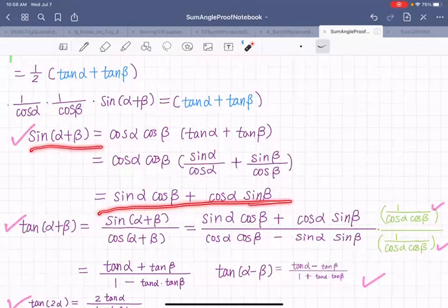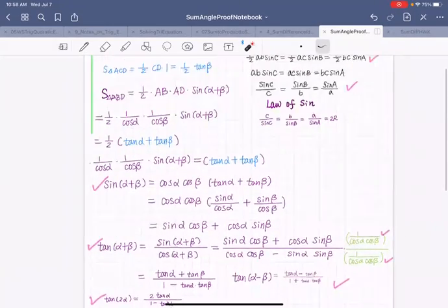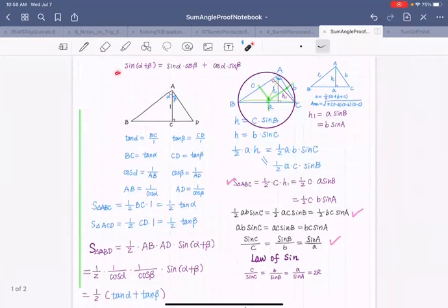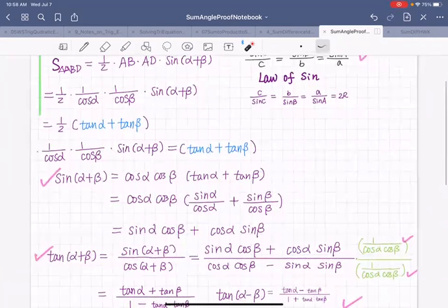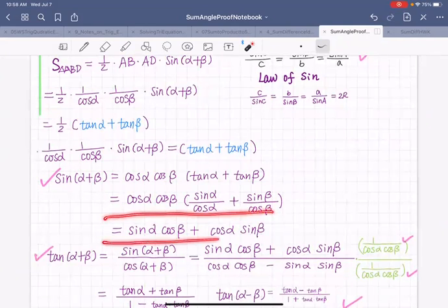Did we prove this? At the beginning, we said we want to prove this. Now, this shows that sine alpha times cosine beta plus cosine alpha times sine beta equals this. We finish the proof. Does this make sense? Does this make sense?